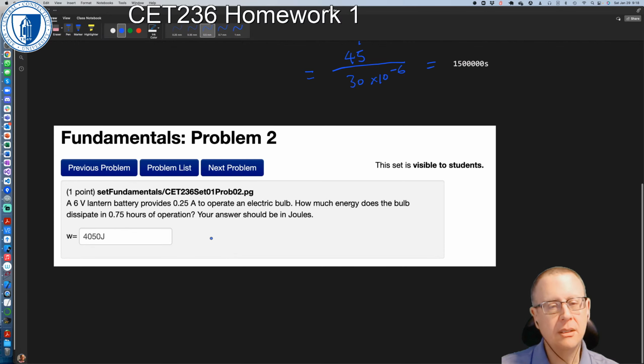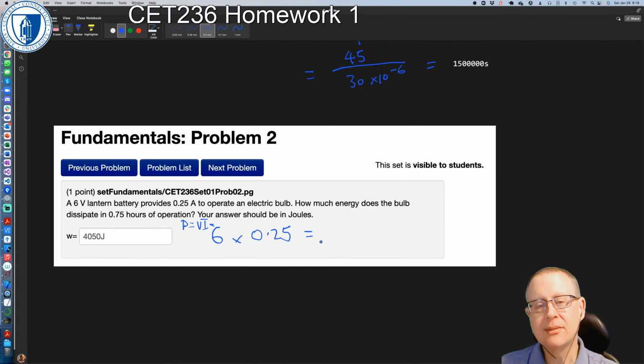So one thing we can say is that the battery is providing 6 times 0.25. Remember, P equals VI. So there's V, 6, and what's 1/4 of 6?